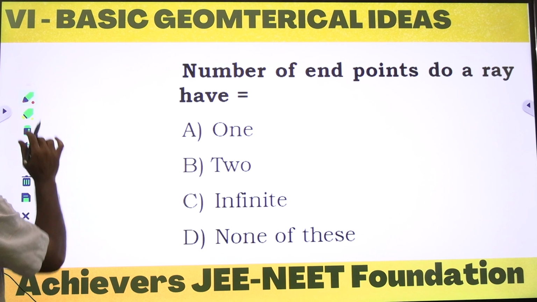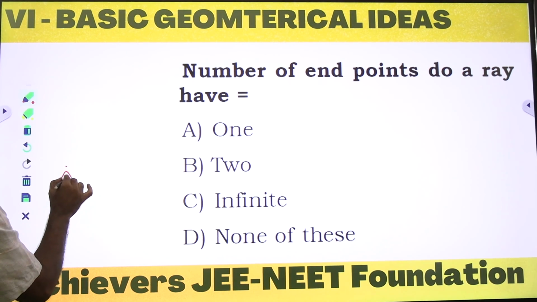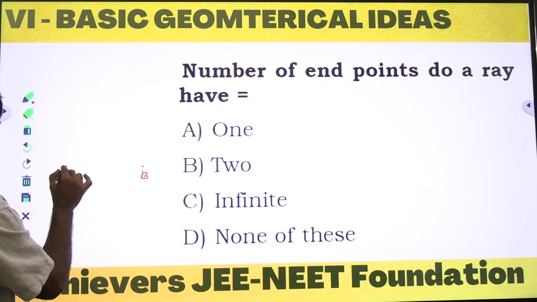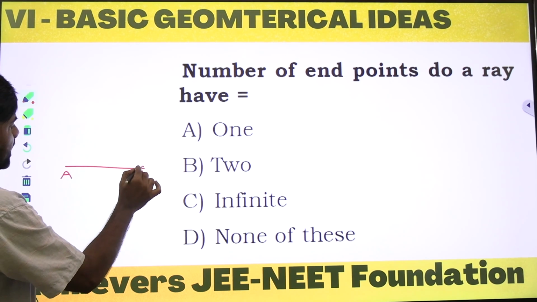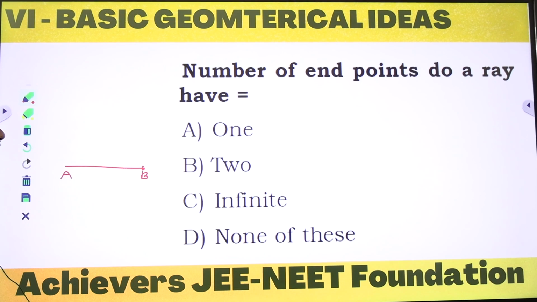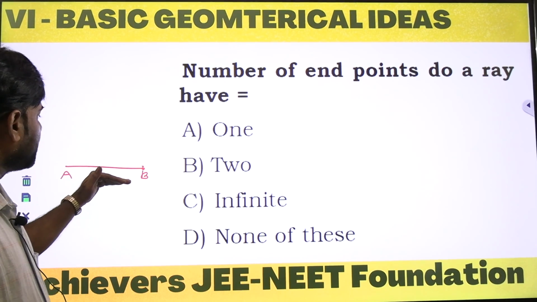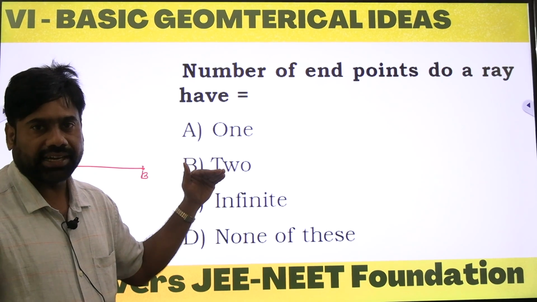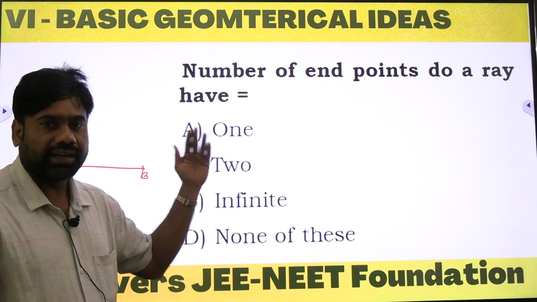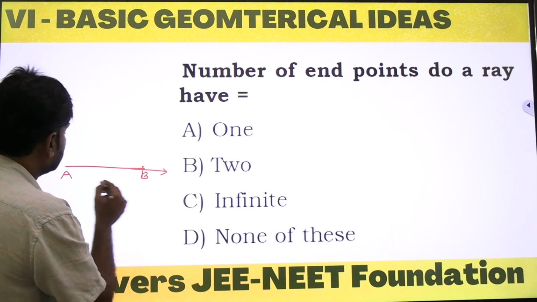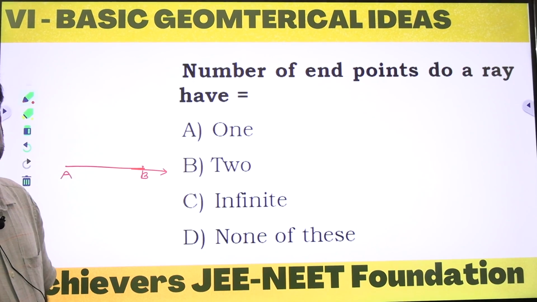Suppose this is the point A, this is the point B, then a straight path between 2 points A and B is called line segment AB. Suppose a line segment AB can be extended indefinitely in one direction like this, then this is called a ray.